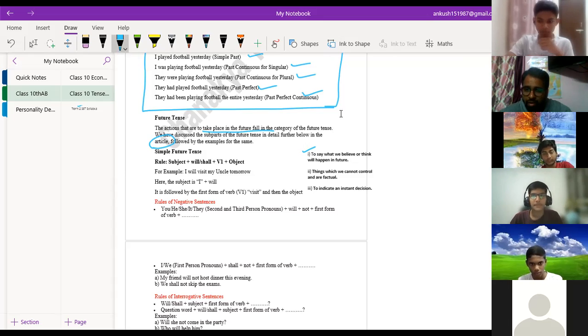Second thing, things which we cannot control and which are factual. They are not controlled and they are factual as well, meaning they show the fact. For example, suppose I write over here, just look at this.